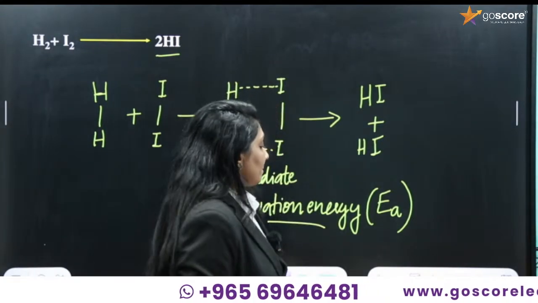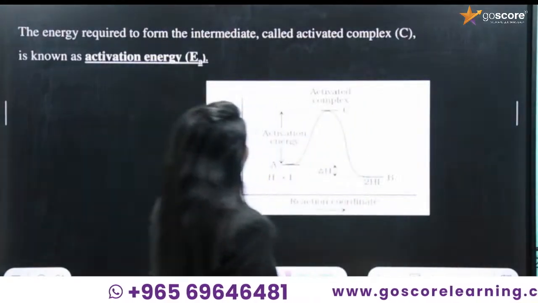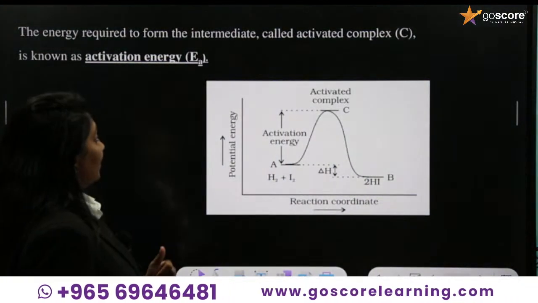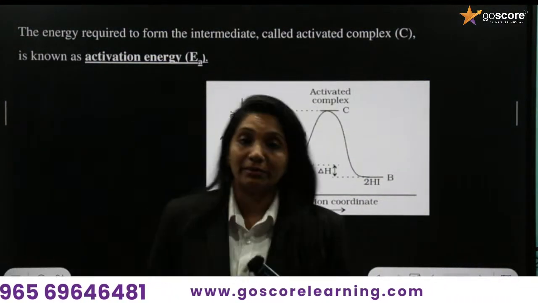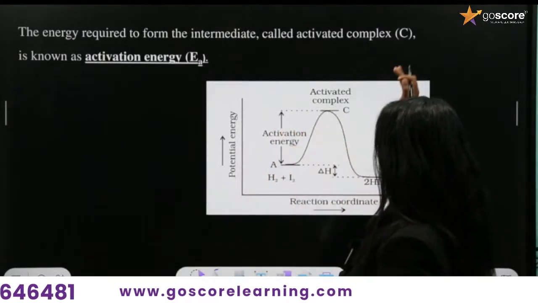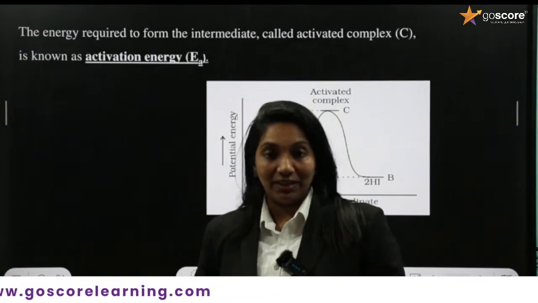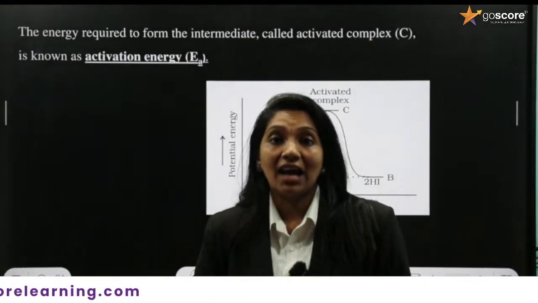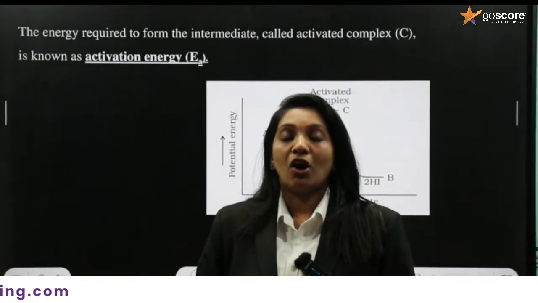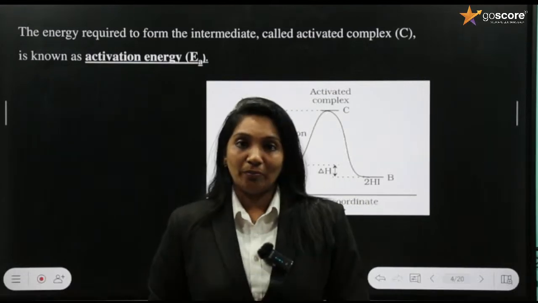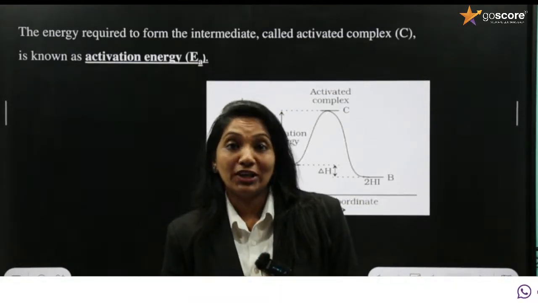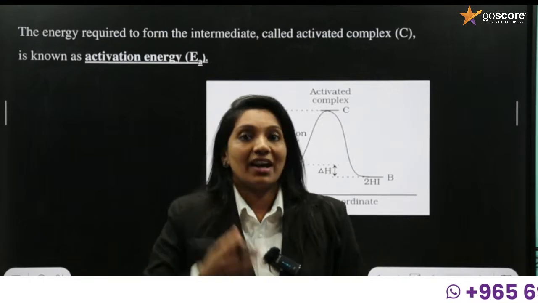Okay, so let's see. The energy required to form the intermediate complex is known as activation energy. That means for producing the intermediate complex, the reactant molecules should possess some extra energy.